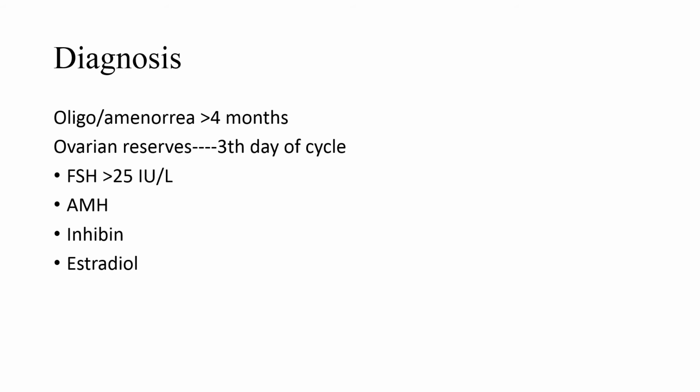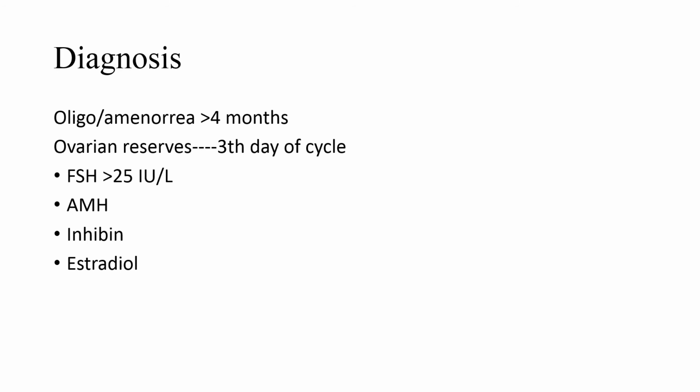The diagnosis of POF is done by the presence of oligomenorrhea in women of less than 40 years for 4 months. Oligomenorrhea we know is gaps between menses, and they are not regular, they are less than 12 menses per year.